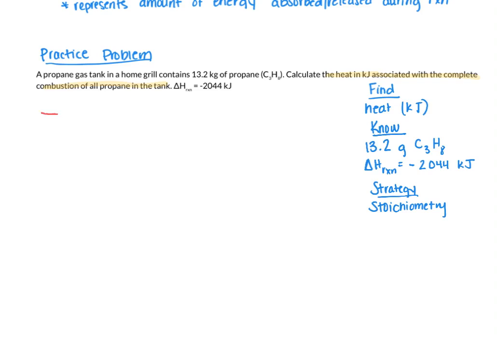So for the combustion of propane, which is C3H8 gas, you want to think, okay, what other reactant do we need in order to combust propane? The other reactant in a combustion reaction is oxygen. Remember, oxygen is diatomic, so that's going to be O2 in gas form.